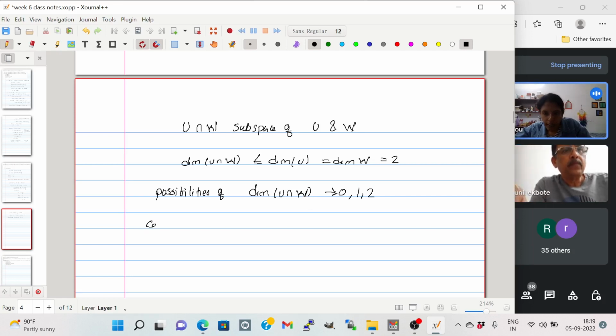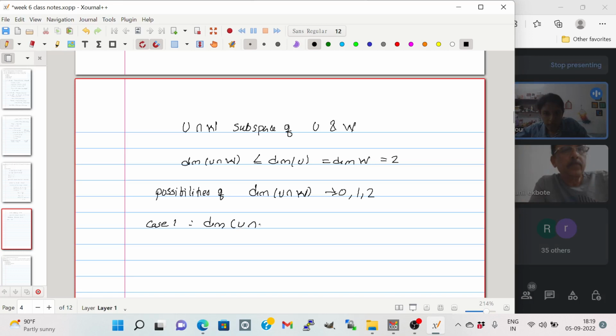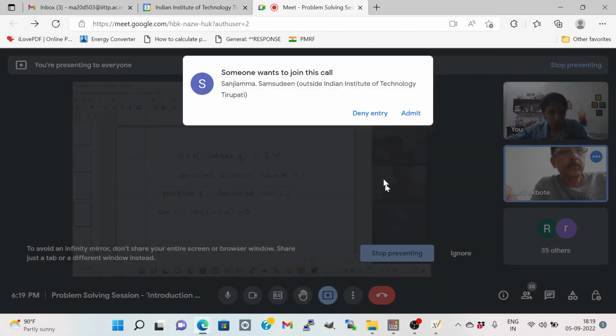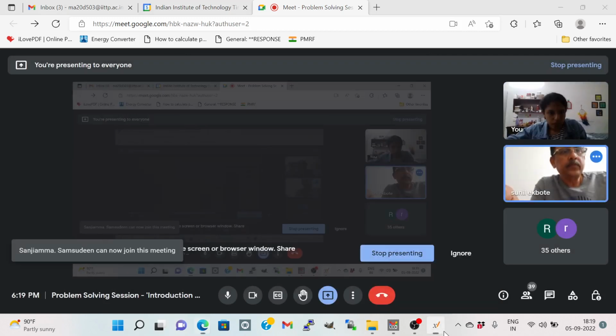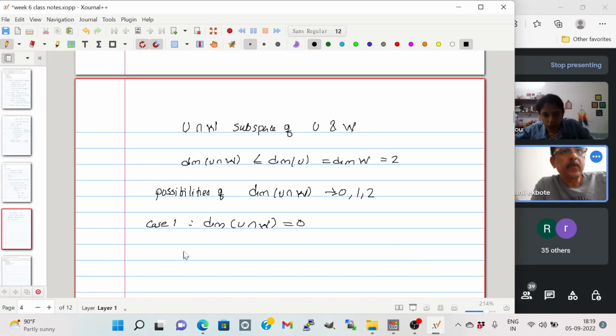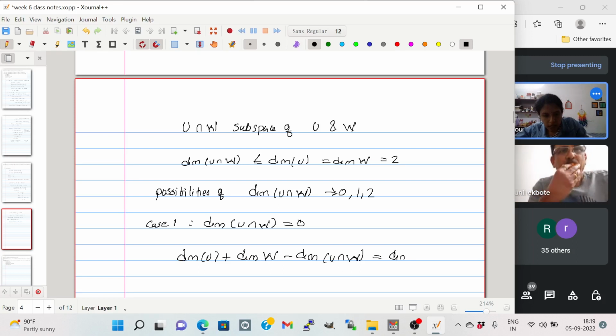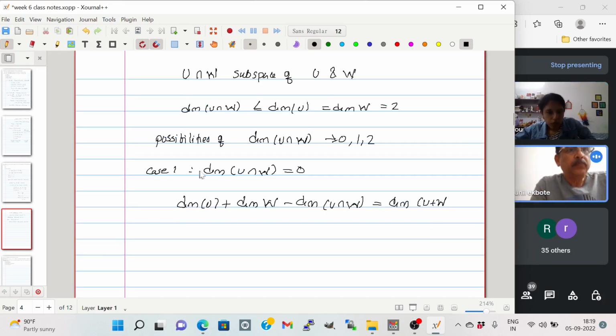So, let us check the first case. Suppose I am checking dimension of U intersection W equals 0. Now, we have the theorem: dimension of U plus dimension of W minus dimension of U intersection W equals dimension of U plus W. What is in the LHS?